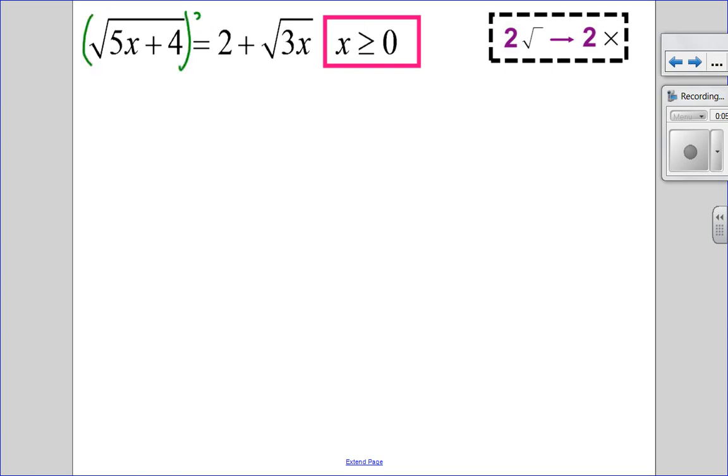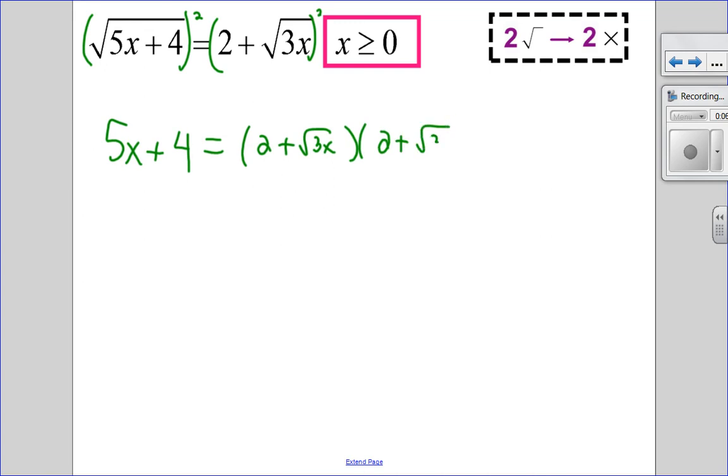I'm going to square both sides to get rid of my root. Now, squaring and square rooting are inverse operations, and that cancels. But on the other side I have a binomial, and remember, with a binomial I want to write that out 2 times, just so I don't make any mistakes.